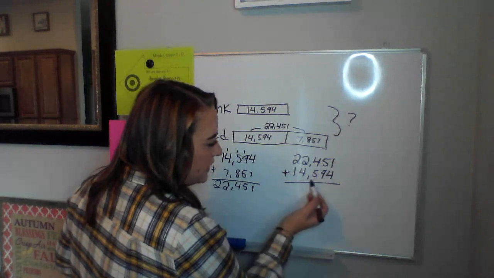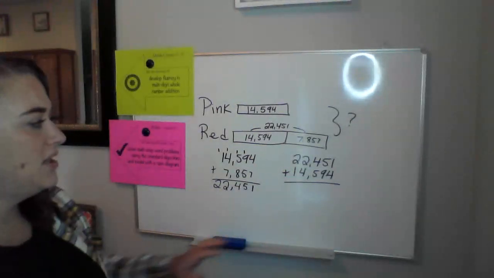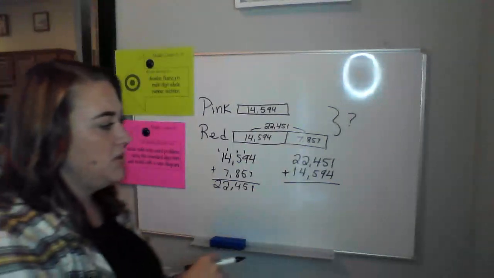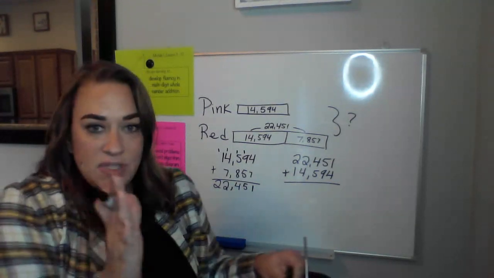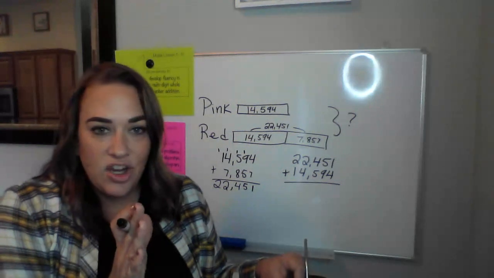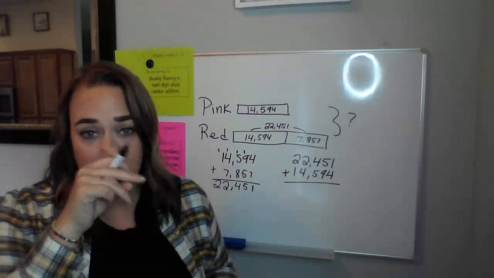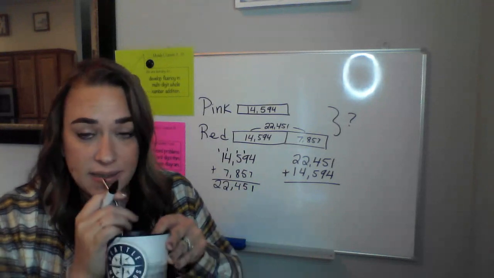Making sure my numbers are lined up. When we get to the bigger numbers, it's easy to shift them just enough to where you're like, is this the 10s or is this the 1s? Where am I supposed to be adding? So it's really important that you line your numbers up really nicely.